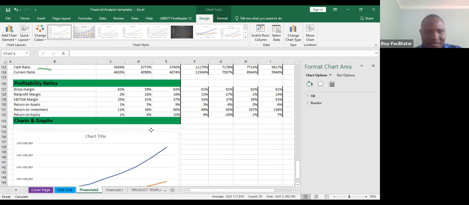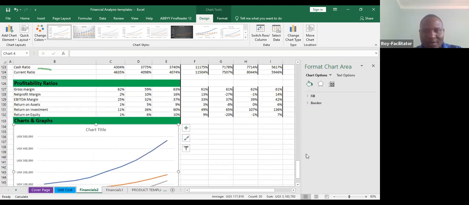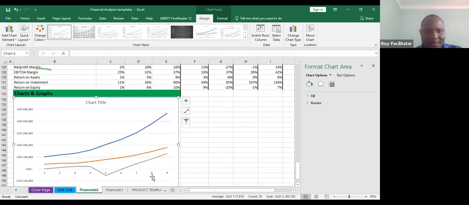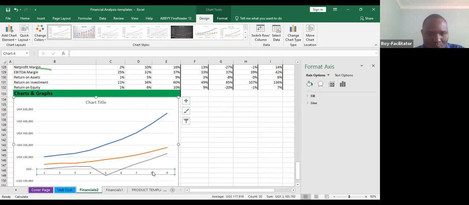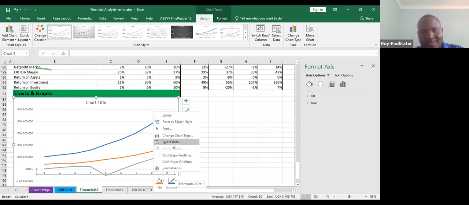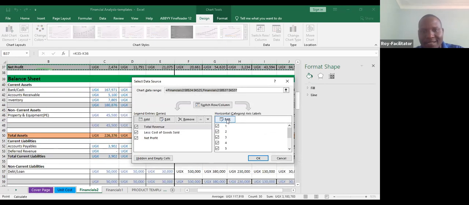Okay, let me take it down again. Then I can just click on this, select data, and then I select the data.